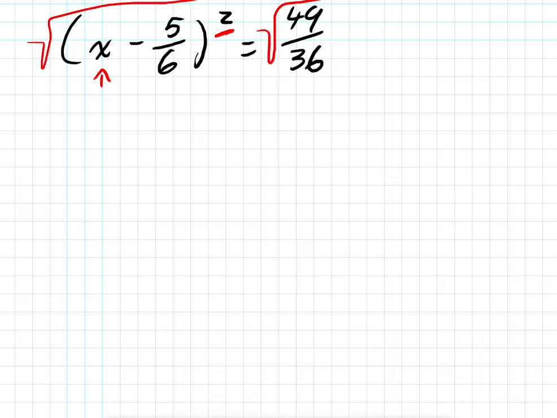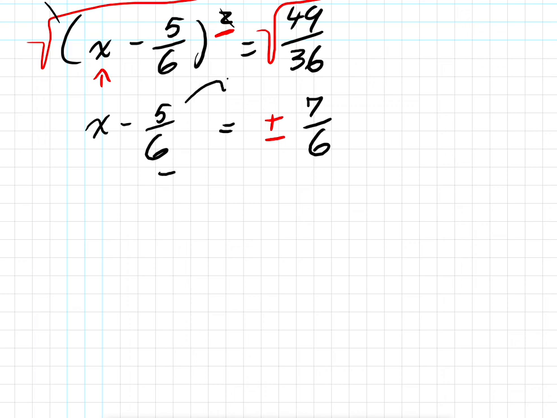When we do that, the 2 and the square root drop off and we're left with just x minus 5 over 6, while over here we get plus or minus. And what's neat is with this fraction, you can square root both the top and bottom. The square root of 49 is just 7, and the square root of 36 is just 6. This plus or minus tells us that we have 2 answers. And all we have to do is bring this fraction over to finally figure out what the answer is.